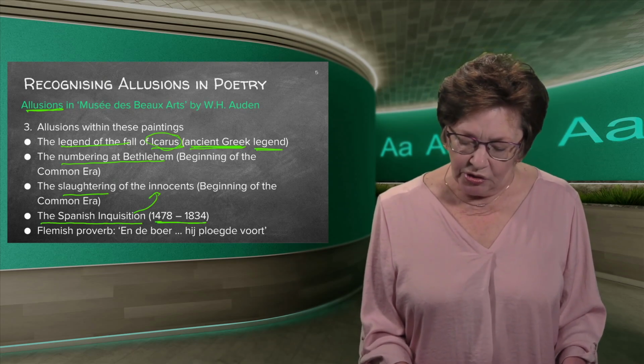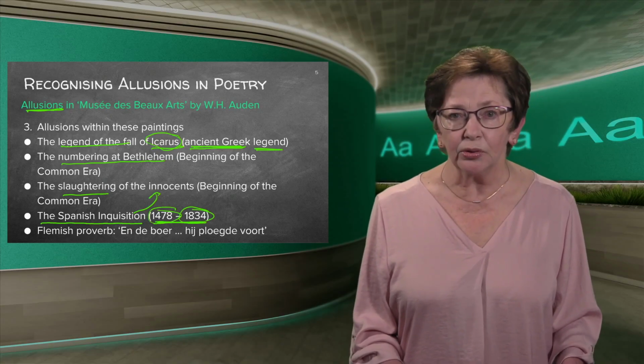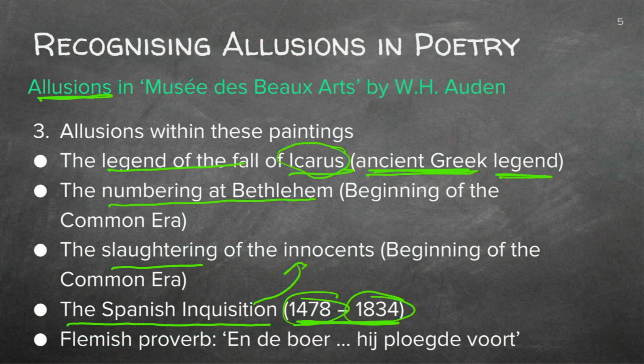So the Spanish Inquisition went on from 1478 until 1834 or thereabouts. And remember that the great masters lived in the 16th century, the 15th. So you can see how that influenced the great masters. So he brings in allusions from different times.